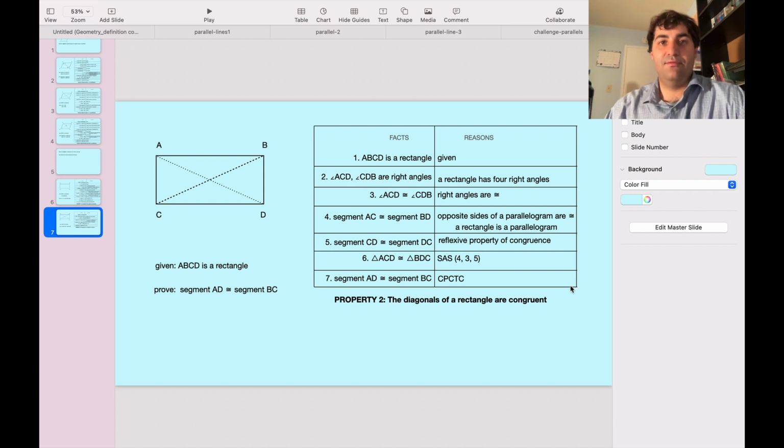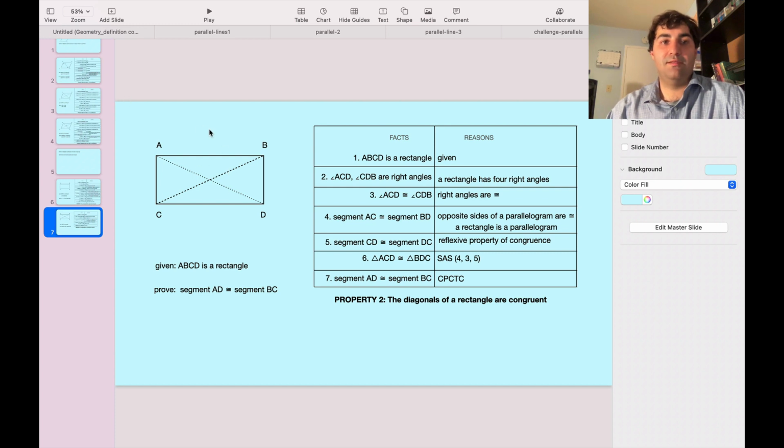I want to thank you for watching my videos, and I'm going to go over some more. I'm going to hold off on the exercises with parallelograms and rectangles. I first want to do a video on rhombus and squares and trapezoids before I actually do problems.